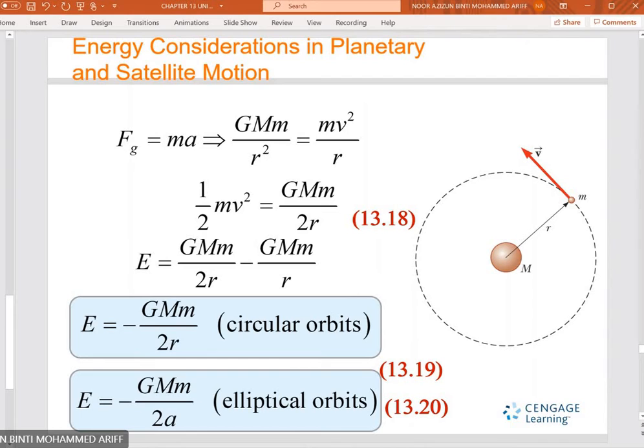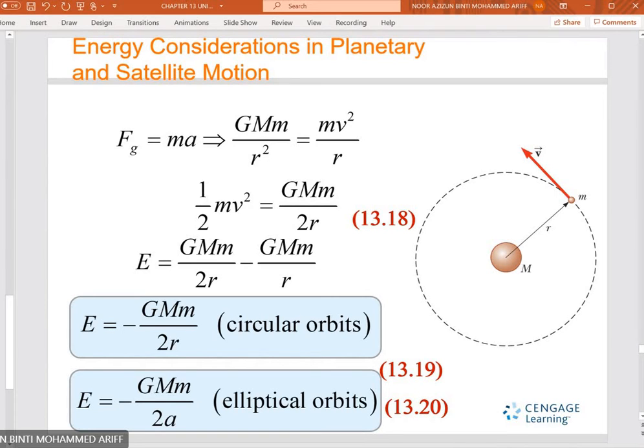Okay, so again, as I mentioned about planetary motion, as you can see in figure 13.13, we have again the concept of centripetal circular motion. Our object or our planet is moving in a certain circular path, with respect to maybe our sun as the center, or any object, let's say a satellite, with respect to the Earth's mass.